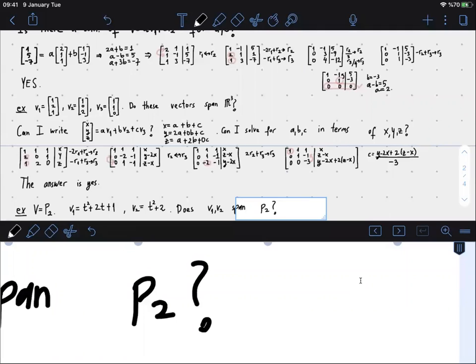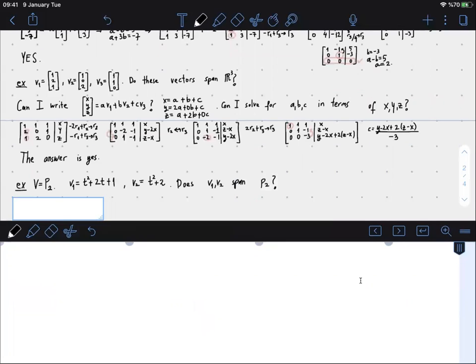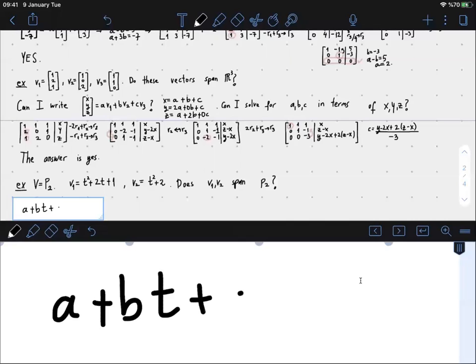Let's look at why it is no. So we take any polynomial, which means I'm taking a polynomial like a plus bt plus ct squared.